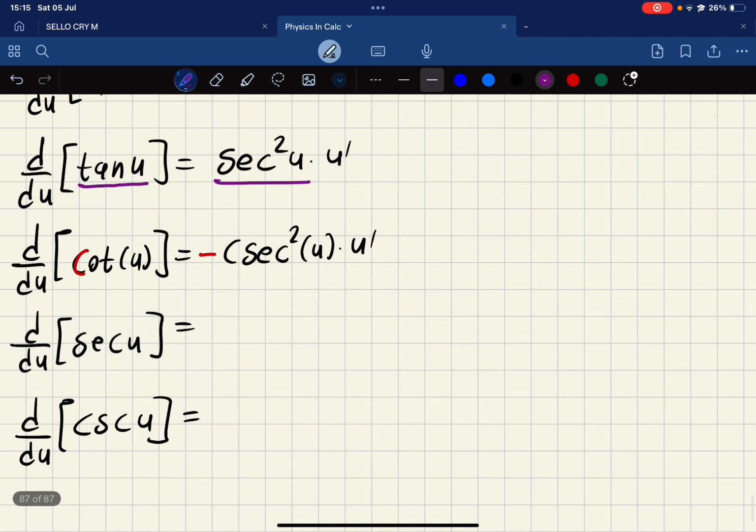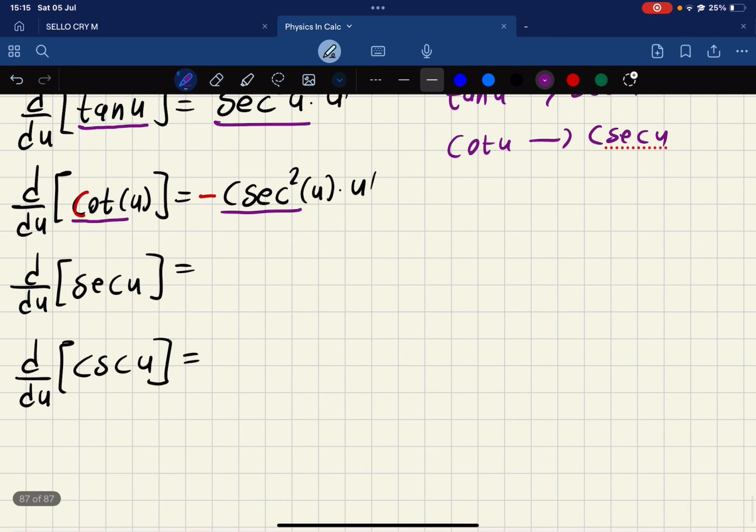Do you get me? And then cot is a member of cosec. I think you get me by now. Tan u is a member of sec, and cot is a member of cosec u. So the derivative of sec u is going to be what?